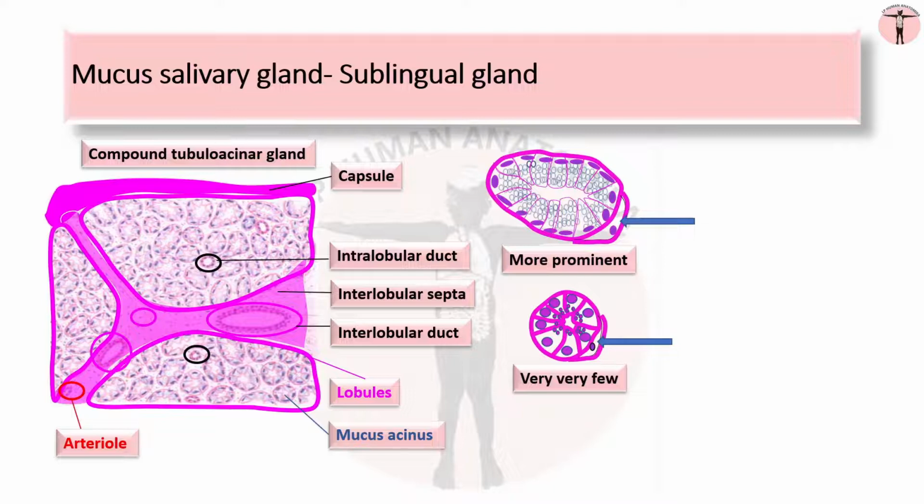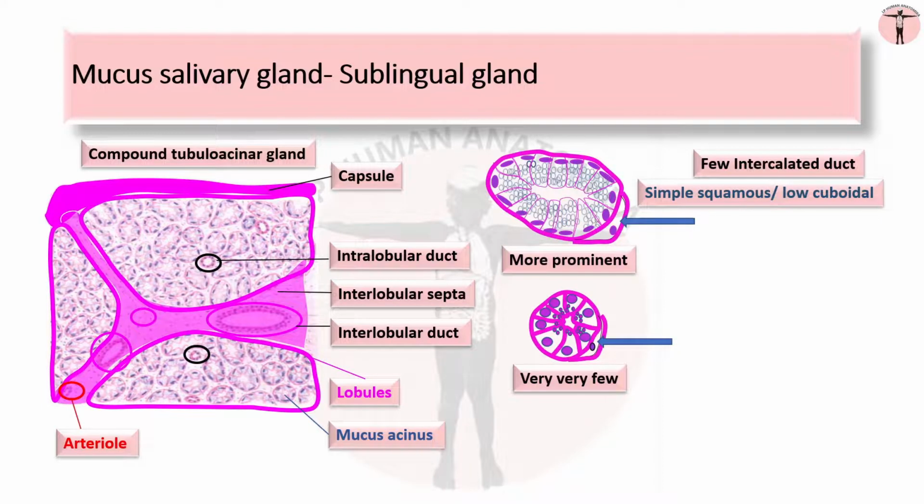In comparison to other salivary glands, the duct system is somewhat different. Typical intercalated ducts are infrequent or absent in the sublingual gland since the length of the intercalated ducts is short or absent. When present, they are lined by simple squamous or low cuboidal epithelium and are not readily observed in a given section, because the section might not pass through the intercalated ducts since they are very short.